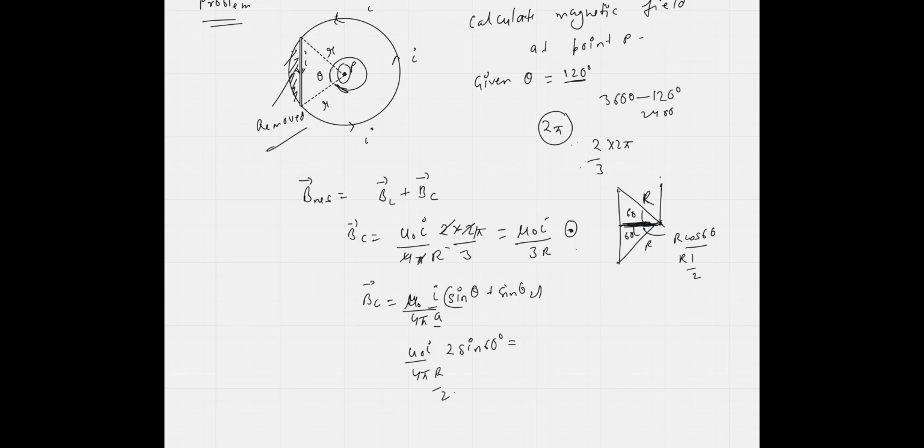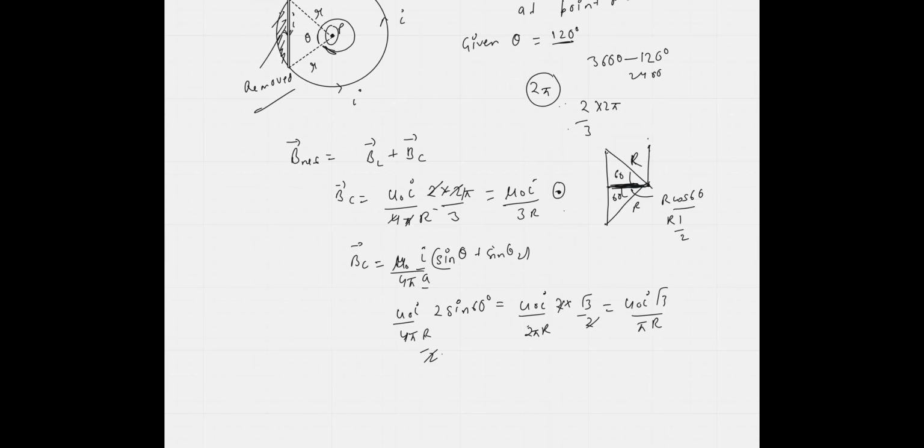So what is the answer you are going to get: mu naught I divided by R only. You cannot use anything but R. 2 into root 3 by 2. Okay. From here to here, if you cancel it, it becomes 2 by R. And what is the answer here? Mu naught I root 3 by 5.